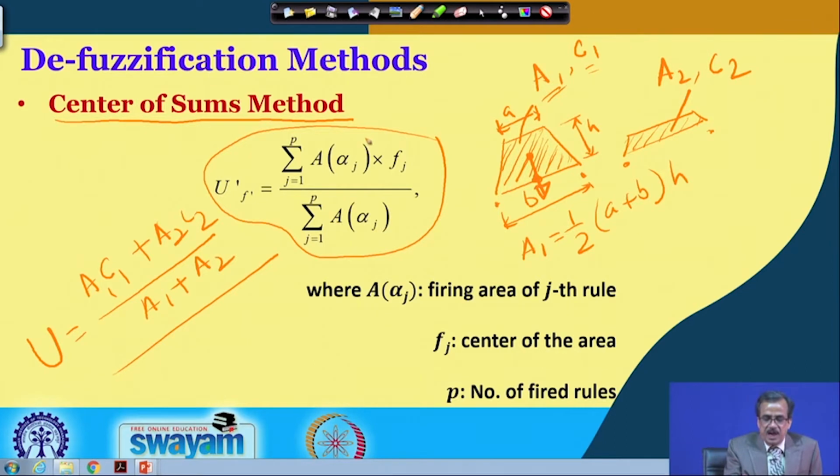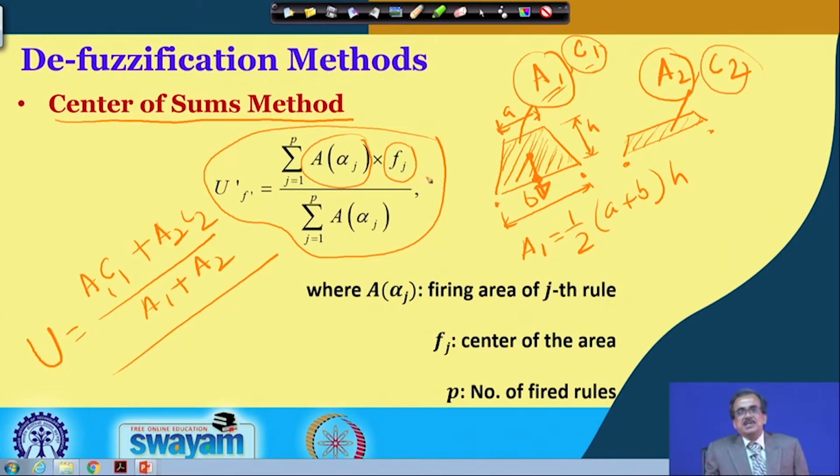Now, this A alpha j is going to indicate your A1 and A2, and this F j is going to indicate your C1 and C2. So, using this particular expression, you can find out what should be the crisp output.